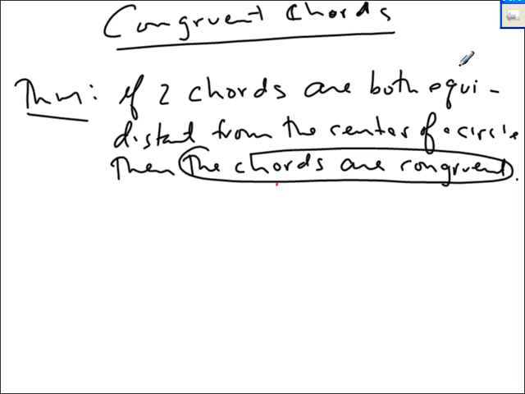If the chords are congruent, then the 2 chords are equidistant from the center of a circle. That's called the converse, when you switch the if and then part.